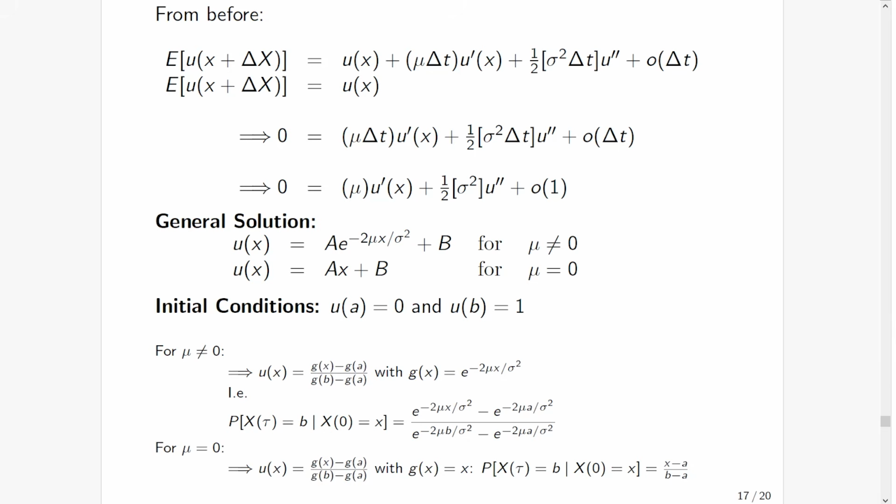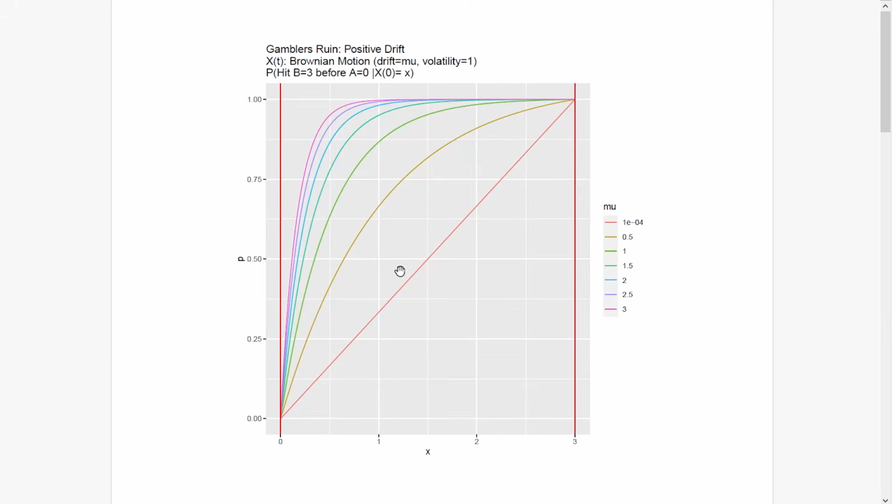And so what's interesting to ask is, how does this probability vary with different drifts and volatilities? Okay, so here's the graph of these probabilities of hitting B before A when A is 0.